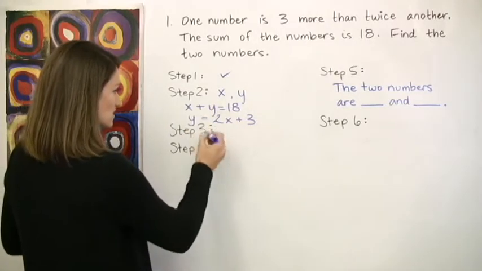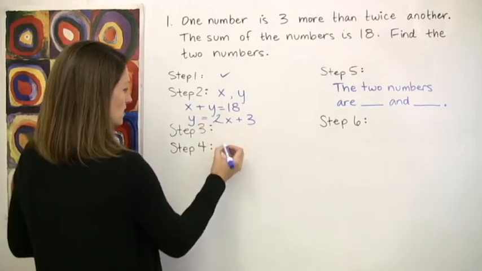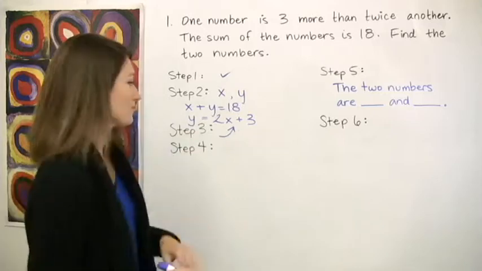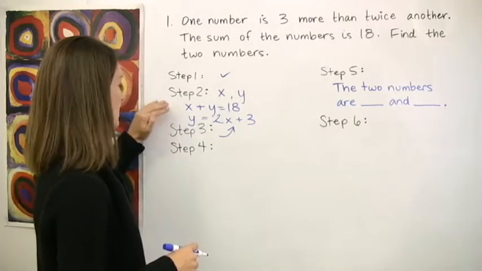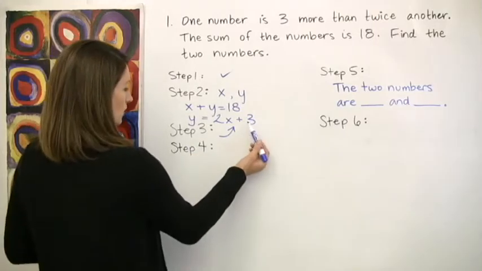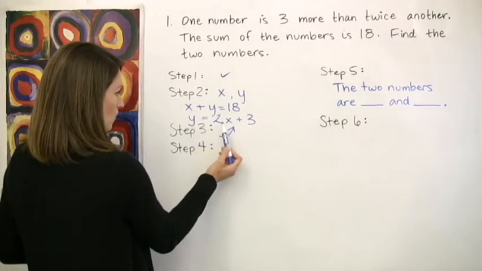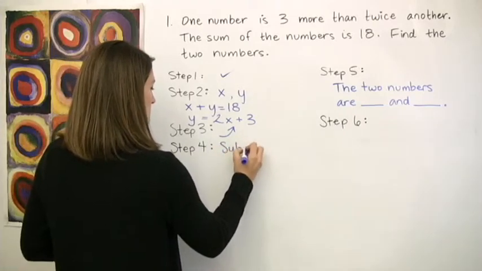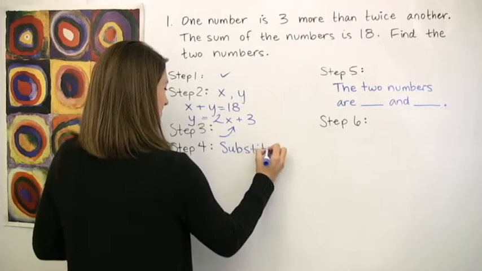And if you consider these together, these are two equations, we've done step 3, which is to write the system. So this system of equations is what we need to solve for step 4. So looking at these two equations, we can see that the second one is already solved for y. So we're going to use the process of substitution.